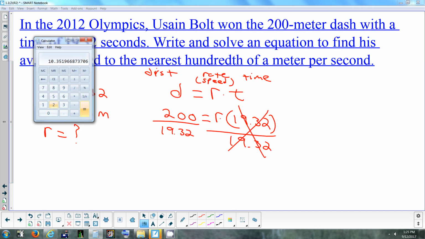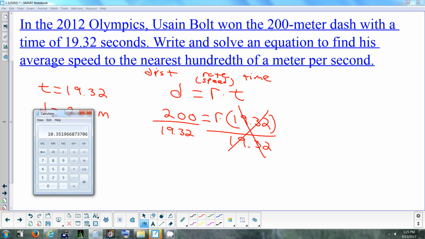200 divided by 19.32. Now, where should we round that? 10.35. We round to the hundredths, so we look at the number after the 5.